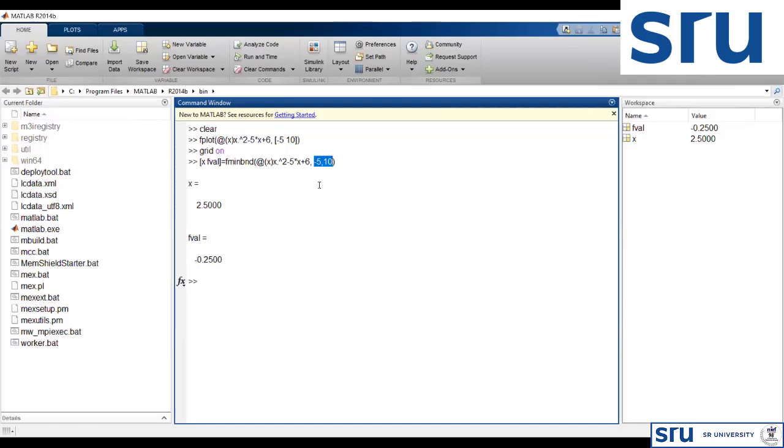So at that time we wrote x, fval is equal to fminbnd, then your function, then the limit values x1, x2. So x1 is minus 5 and x2 is 10. Between these you have to find the minimum value. So this is the limit here. Is there any doubt?